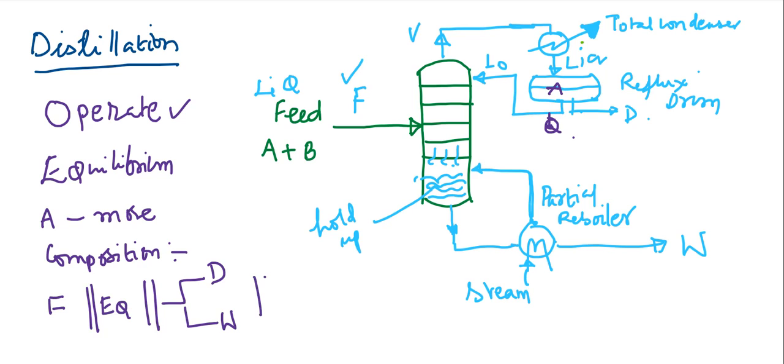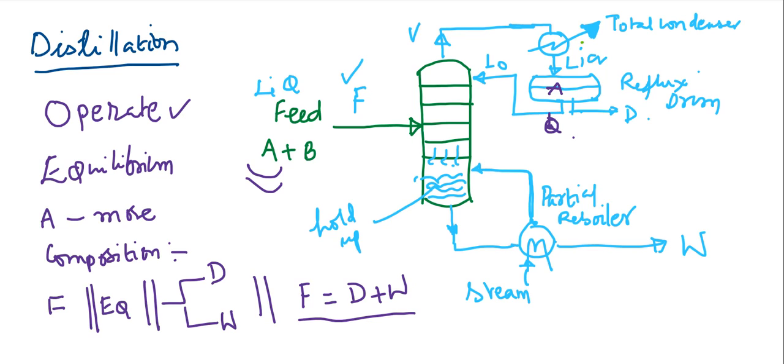In total, we can write an equation, F is equal to D plus W, the total material balance. But we are interested in component A. Further, I don't want to discuss how we do the material balance, component balance and all those things. My intention is to tell you how a distillation column works.